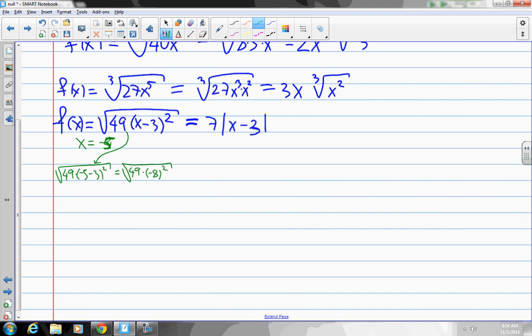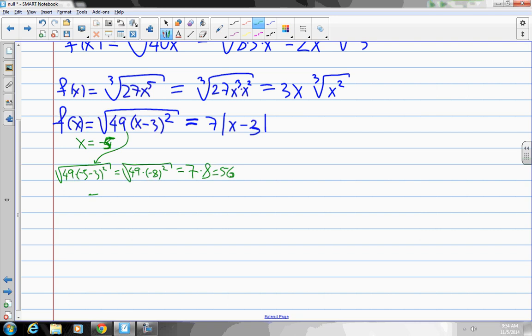That's the order of operations. You with me so far? The square root of 49 has to come out to be 7, negative 8 squared is positive 64, and the square root of 64 is 8. So the answer is 7 times 8, which is 56. Irrelevant, I mean, it's a positive number, right?